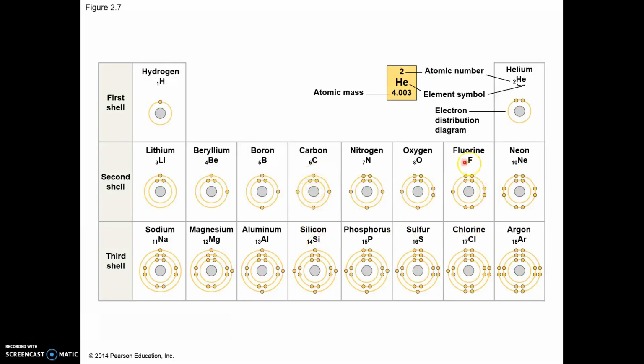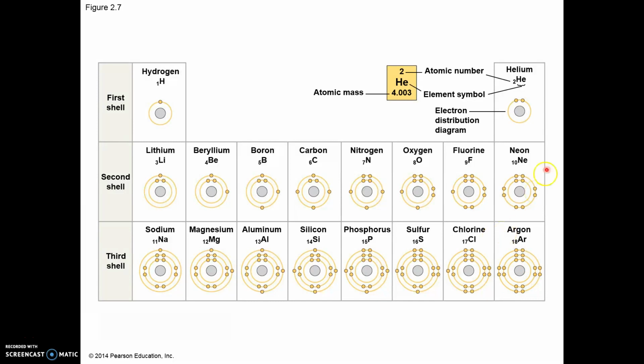This is actually how we have this table set up, and it explains the rows. All of the elements in this row have 1 in its outermost shell. All the ones in this row have 2 in the outermost shell. All the ones in this have 3 in the outermost shell. 4, 5, 6, 7, and over here we have 8.